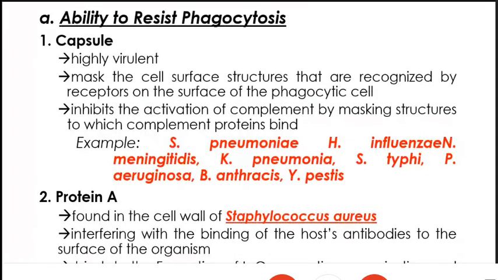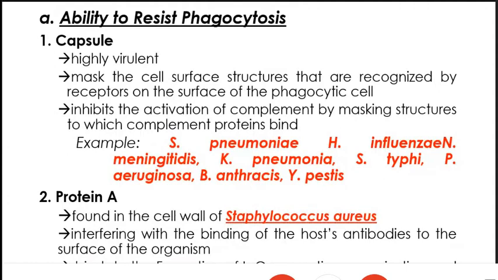Samantalang kapag sa protein A po, they interfere with the binding of the host antibodies to the surface of the organism. Parang kapag nagkasakit kasi tayo nagde-develop tayo ng antibodies. So kapag sa protein A po, nag-i-interfere yung pag-bind nun. So, nare-resist yung phagocytosis. To summarize po.